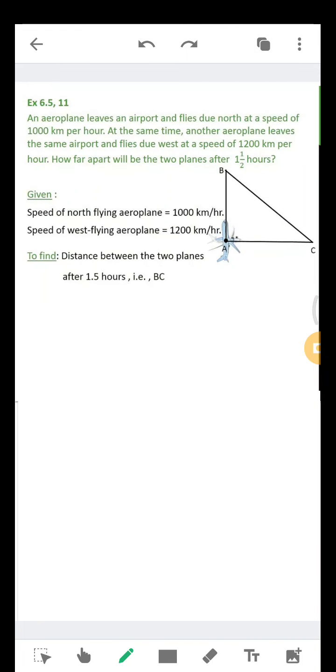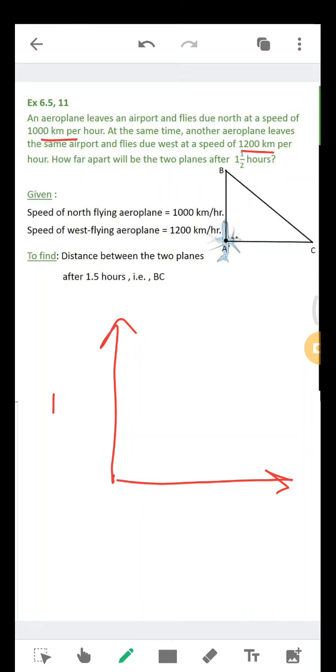In question number 11, it's given that there are two aeroplanes. One is flying due north, another is flying due west with the speed of 1000 km per hour and 1200 km per hour. So there are two aeroplanes, one flying due north, another flying due west.